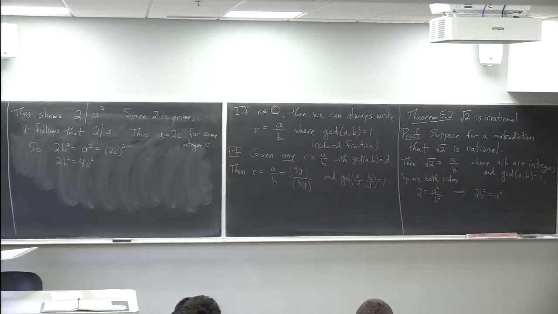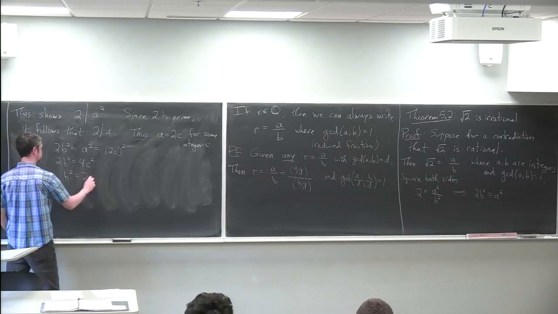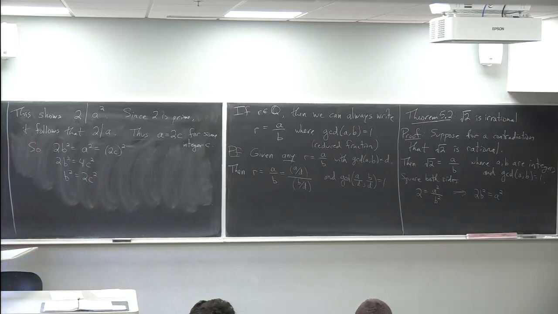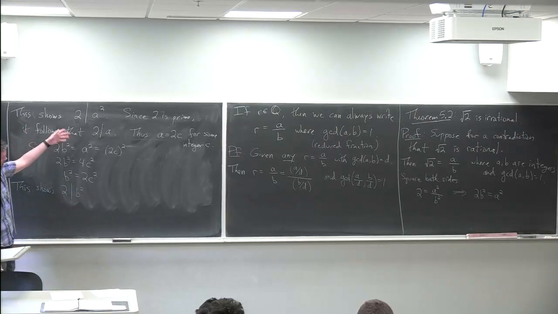And then you could divide both sides of this equation by 2 to get b squared is 2c squared. What you have now is that b squared is 2 times something, so b squared is clearly even as well. Similar to the steps above, this shows that 2 divides b squared, and then similarly it follows that 2 divides b.